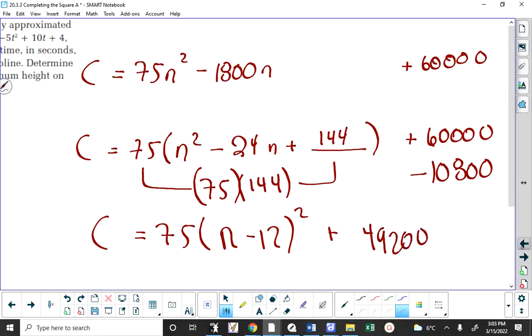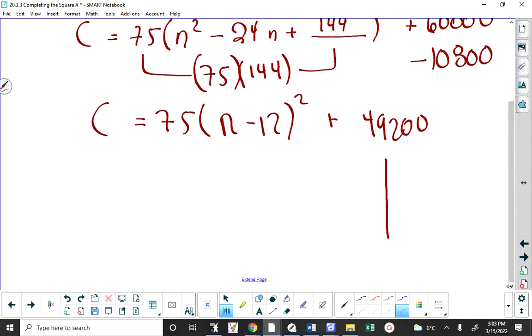So the vertex, which is a minimum point, happens when n is 12 and gives you 49,200 in cost.